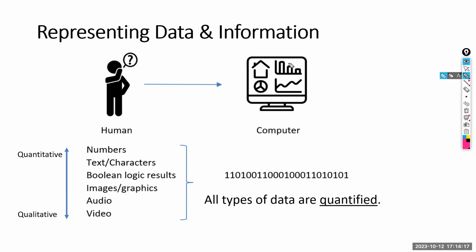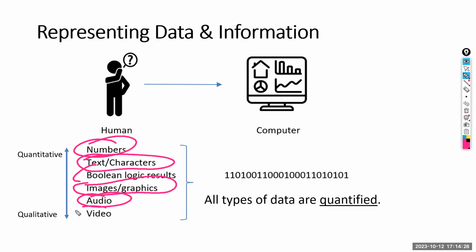We look at these things as different concepts, and actually we have very little understanding of how we understand an image, how we understand audio, video. Of course, we know that we can see through our eyes, but when we see it, how do we recognize it? How do we recognize different colors? How do we recognize different shapes?